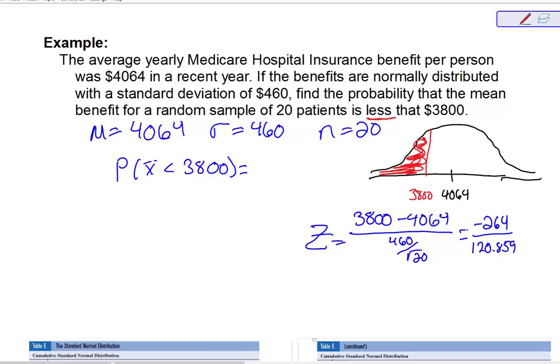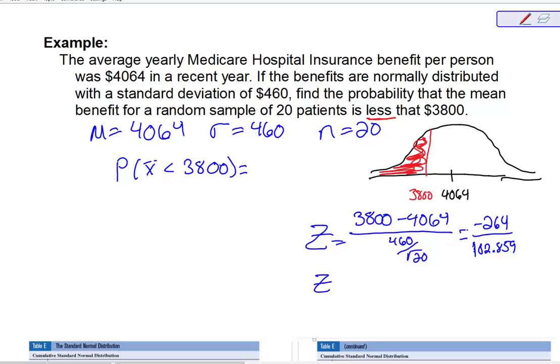And I'm going to want to try to keep at least 3-4 decimal places there. Then I'm going to take negative 264 divided by, I'm sorry, that should be a 102, not 120. Let me fix that. That should be a 102. There we go. 102.859.